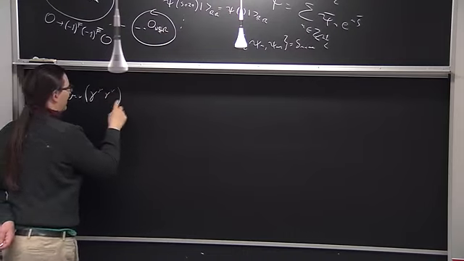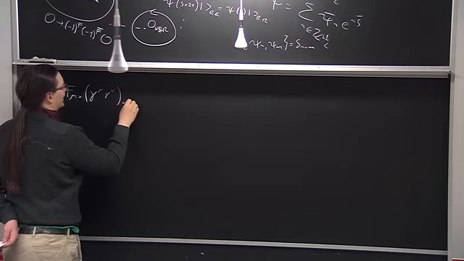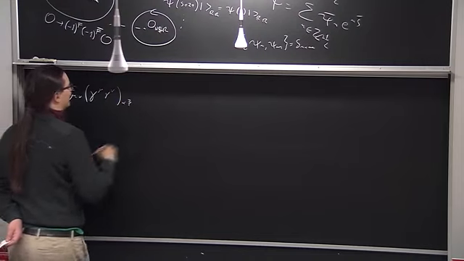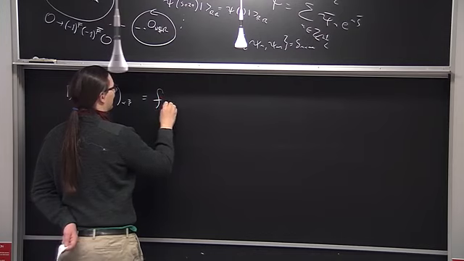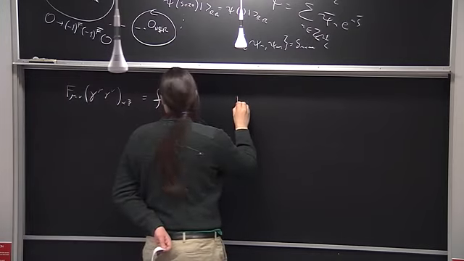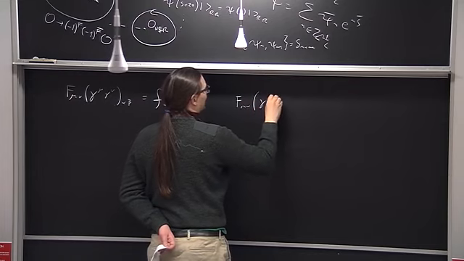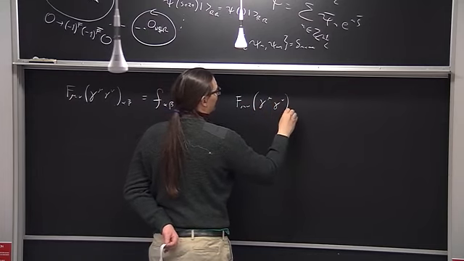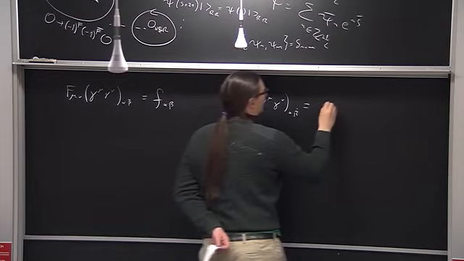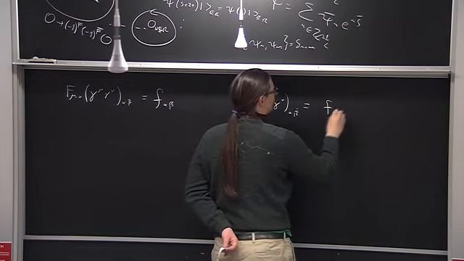The product of two gamma matrices has two indices of the same chirality. We call this F alpha beta. And then there is F mu nu, gamma mu nu, alpha dot beta dot. Call it F alpha dot beta dot.